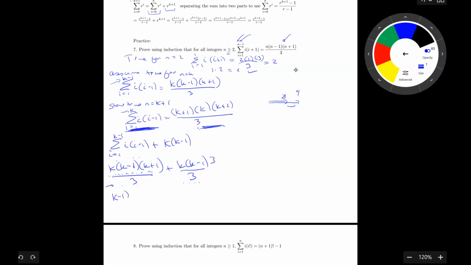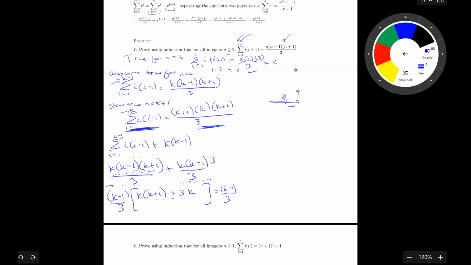So I have k minus 1, and then I can even factor out that 3 from the denominator. If I factor k minus 1 and 3 out of this, I get k times k plus 1. If I factor k minus 1 out of this term, with k minus 1 divided by 3, I'm left with 3k. So k minus 1 over 3.